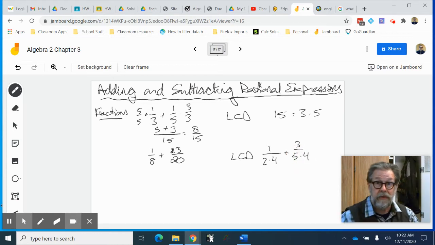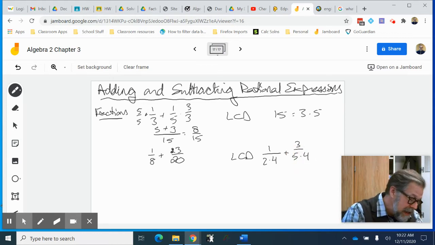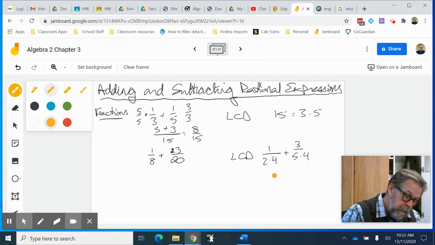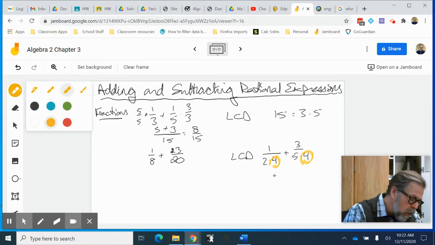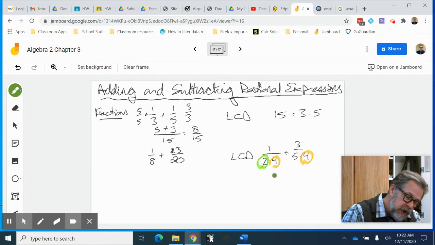Notice I'm not factoring the 4 because I recognize that the 4 is common to both. So I don't need another 4. I've got it already. What I do need is a 2 over here, and I need a 5 over here.